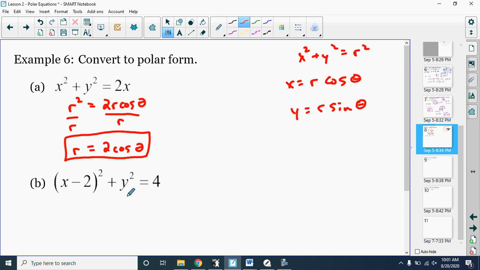This one, we do have x squared plus y squared, but we're only going to be able to see it if we expand first. x squared plus y squared, I'm going to replace that with r squared.